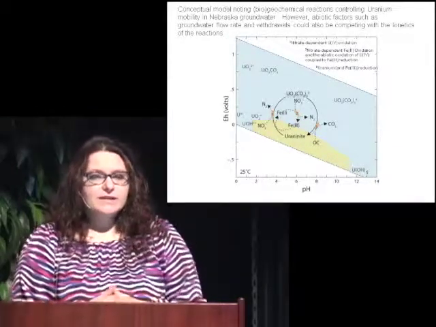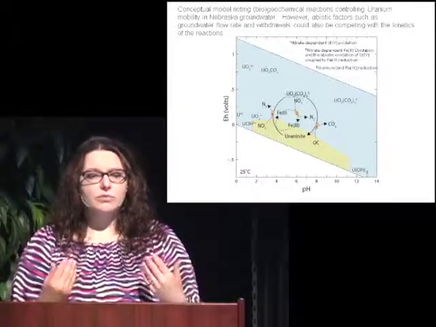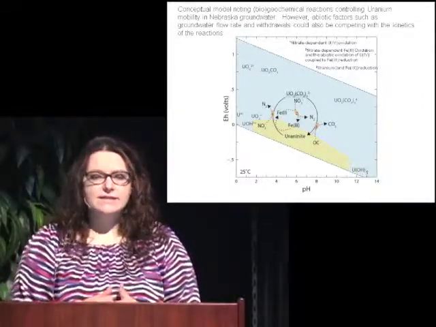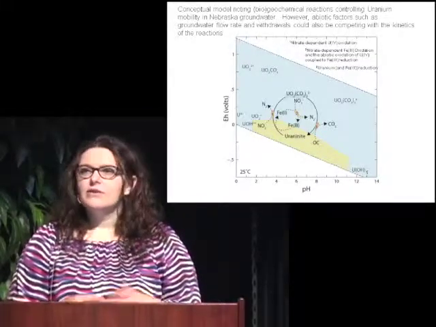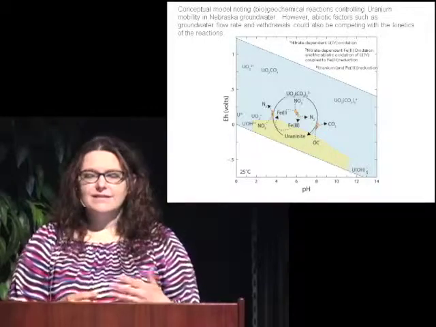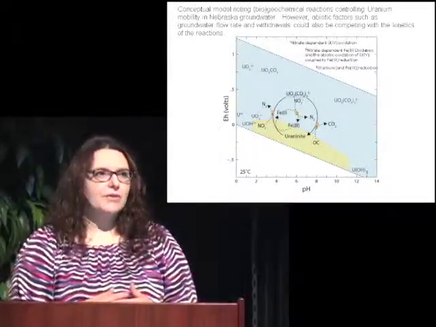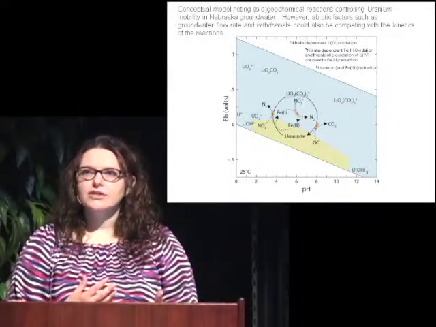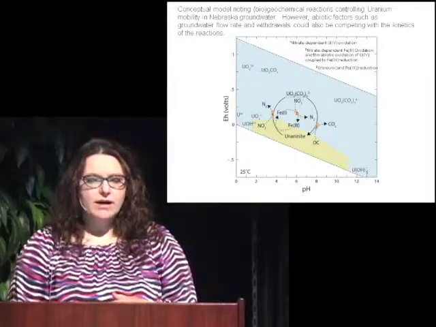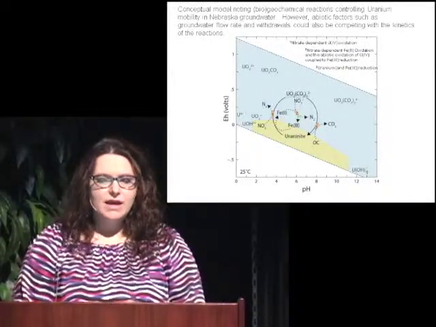So we've begun to put together a conceptual model as we begin to think about how uranium could be mobilized in these Nebraska groundwaters. However, one of the things, I don't really have time, unfortunately, to go into this, is that we do see a lot of uranium reduction also going on in this system. So it's not simply just a story about oxidation, but also a story about reduction, with uranium reduction occurring within these sediments.